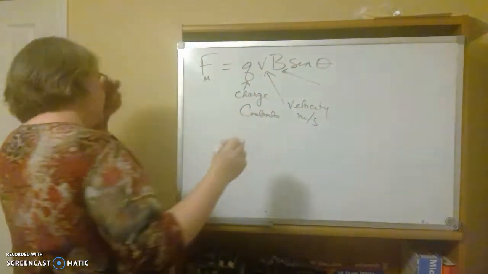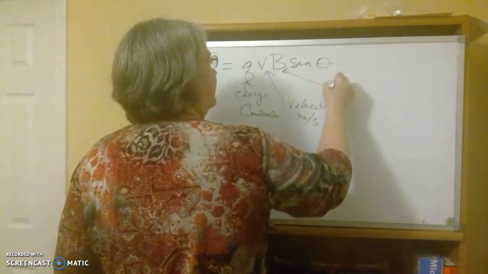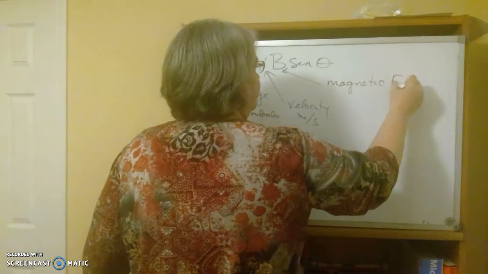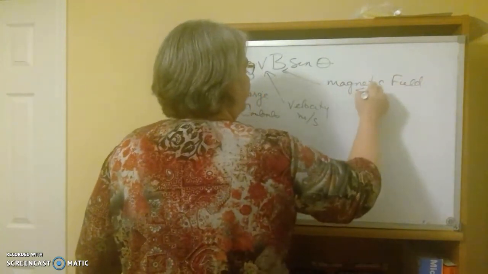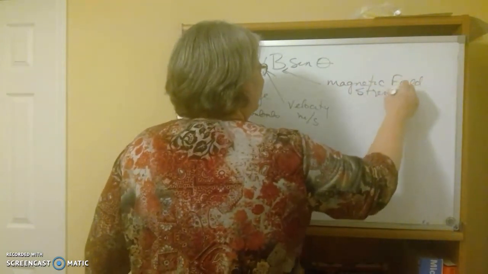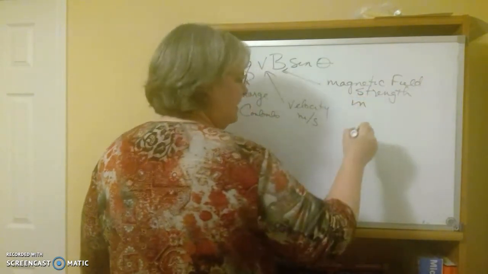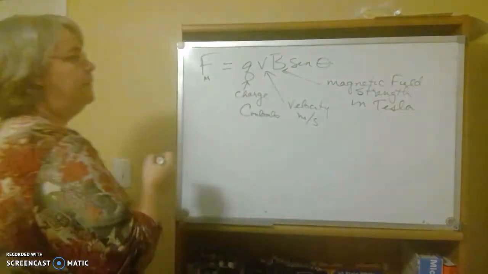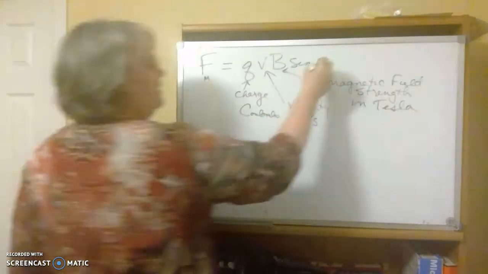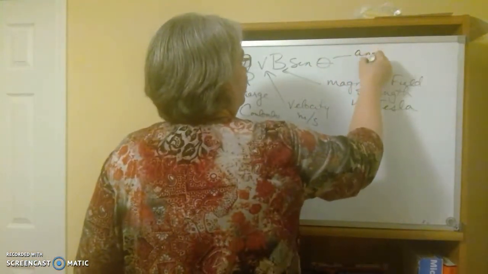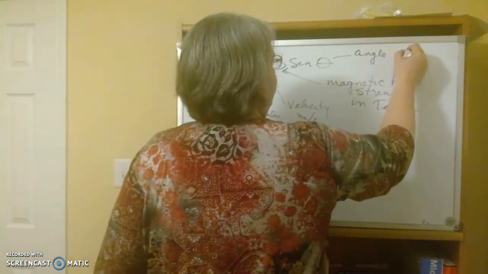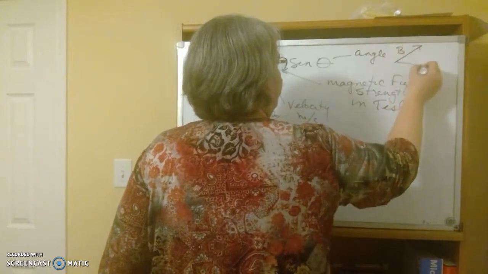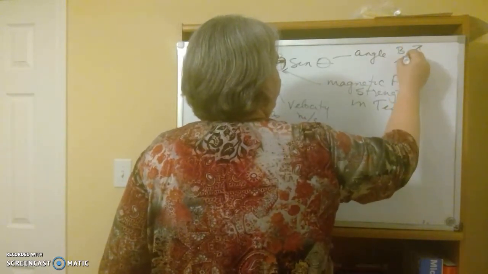B is the magnetic field strength in Tesla. And theta is the angle from the B vector to the V vector.